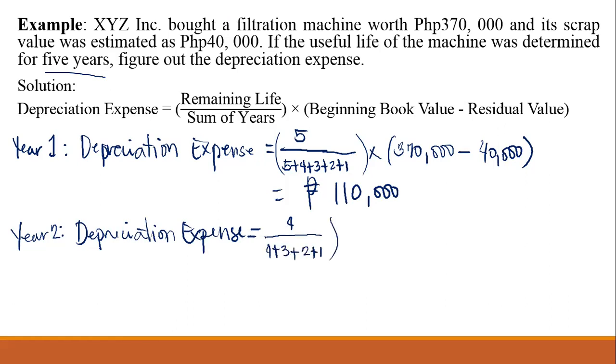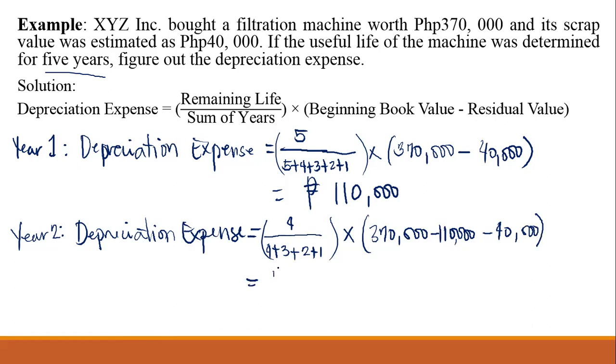Times the beginning book value, 370,000 minus 110,000, minus the residual scrap value of 40,000.